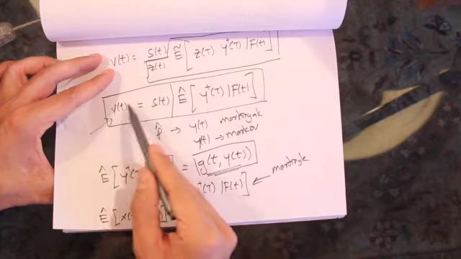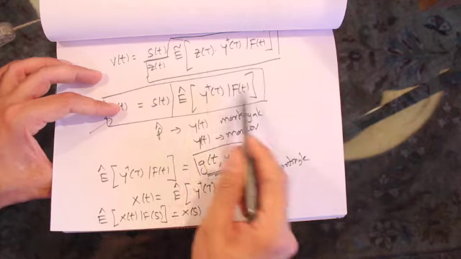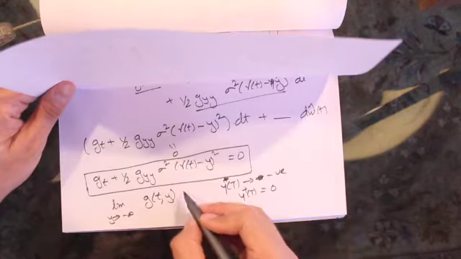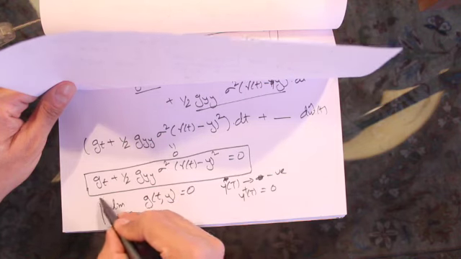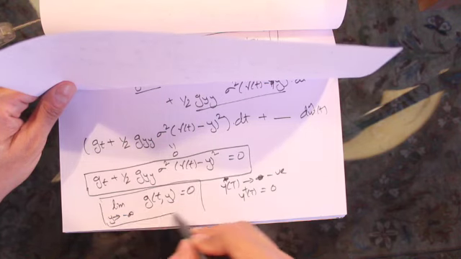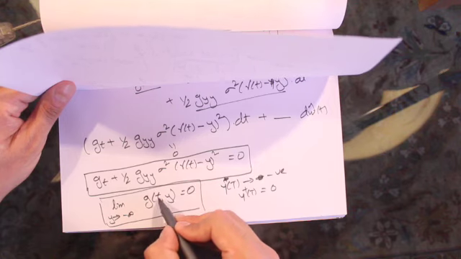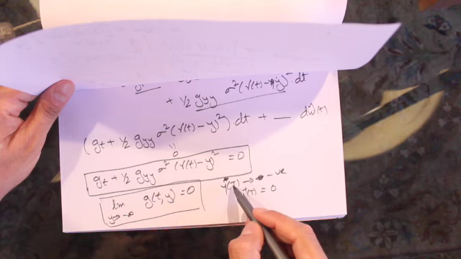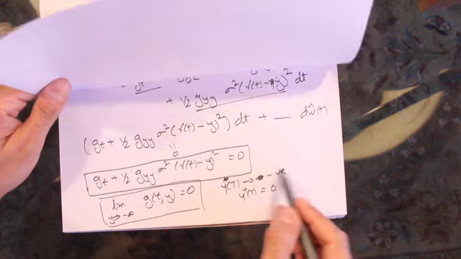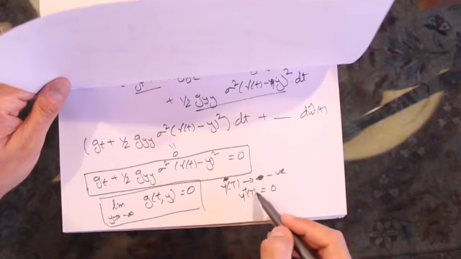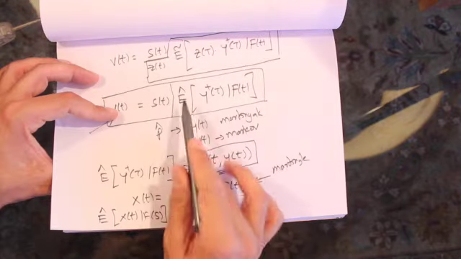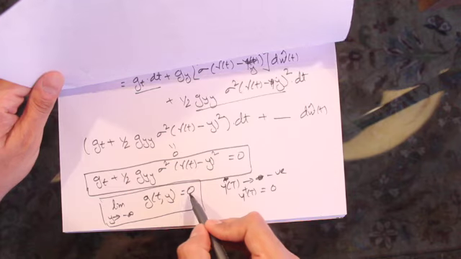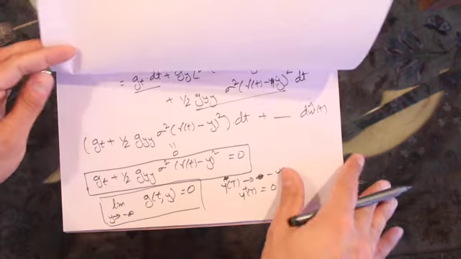The value of our option, the function, is going to be equal to 0, and this expectation is going to be equal to 0. Understood? If y goes to minus infinity at time t, then with probability almost 1, y of capital T will be negative, y plus of capital T would be equal to 0, and this expectation would be equal to 0. So that's the first boundary condition.